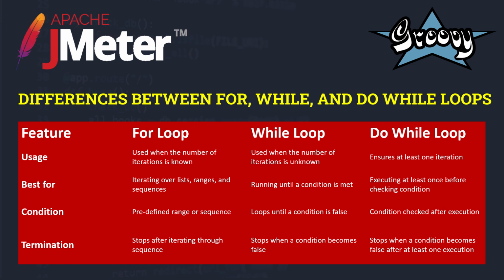And finally, do while terminates when a condition becomes false after at least one execution. That's why you need to use do while where you need to ensure that at least one iteration is executed. Now let's go to JMeter and see those practically.